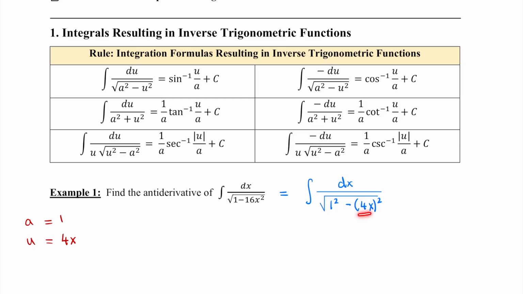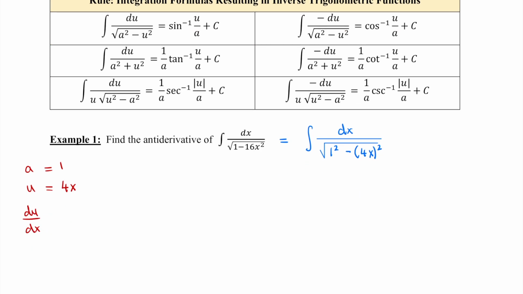If I replace 4x with u, then I need to replace dx with something in terms of u as well. So I need to find du over dx. The derivative of 4x is 4. So du equals 4 dx. I only have 1 dx here. I don't have 4 dx.